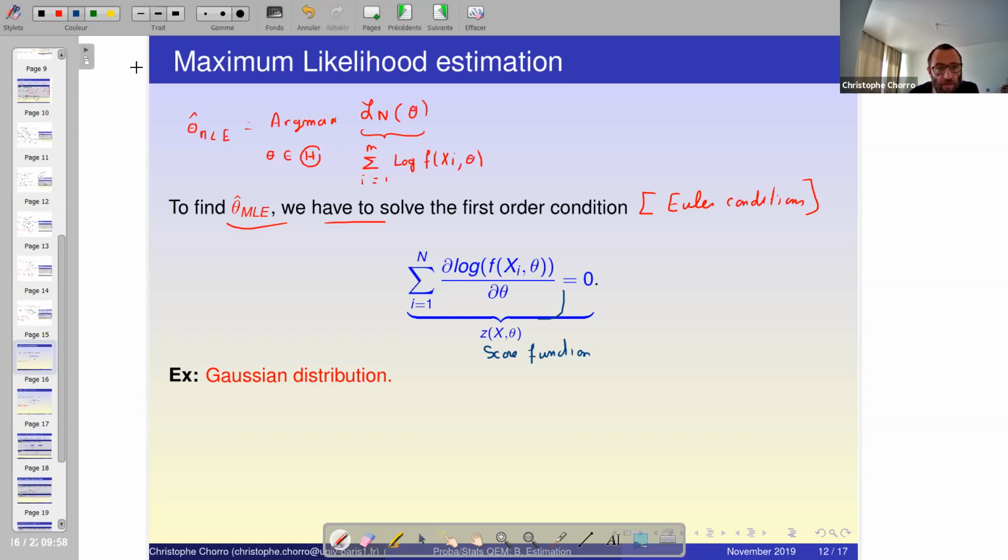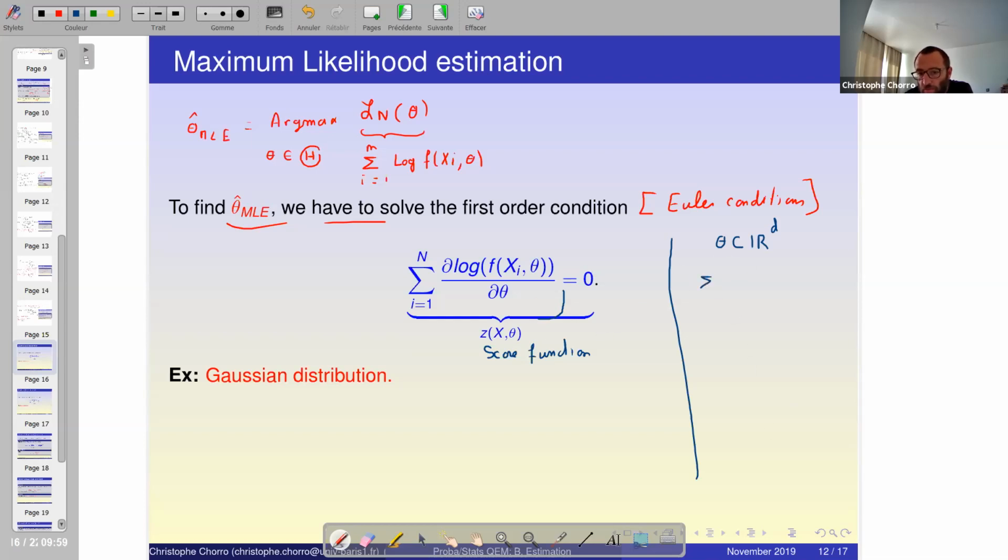Just have a look, and we are going to see an example just after. Keep in mind that this first order condition, if theta belongs to R to the power d, I have in fact d partial derivatives, so d equations.